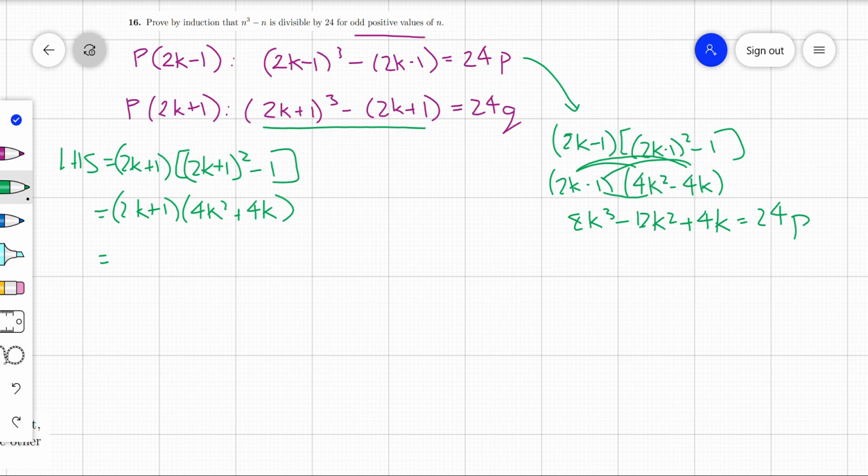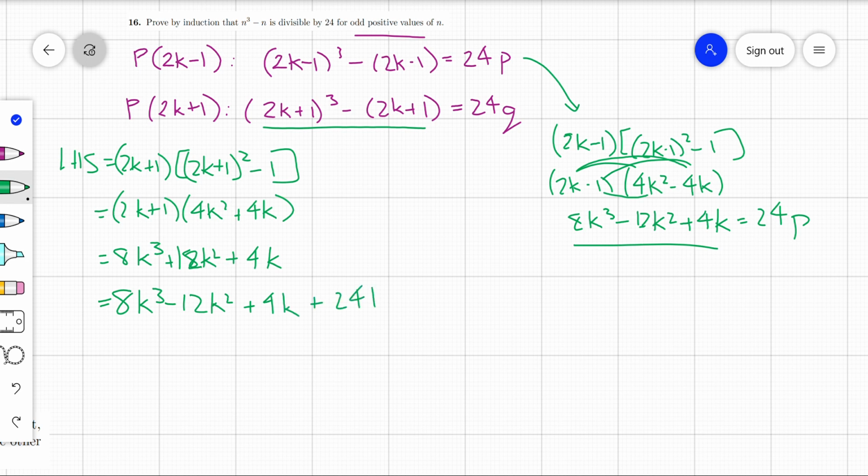So again, it looks very similar: 8k cubed, 8k squared, 12k squared if I add the 4k squared, and a 4k. But I want to use the assumption, so I'm going to force it to be 8k cubed minus 12k squared plus 4k. To balance it, I'm going to have to add a 24k squared.